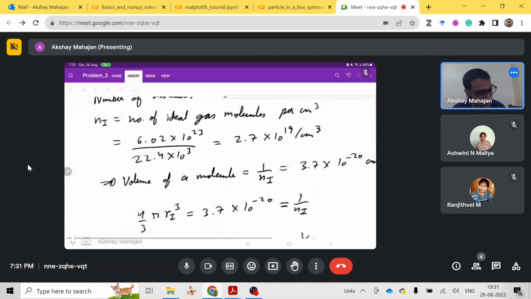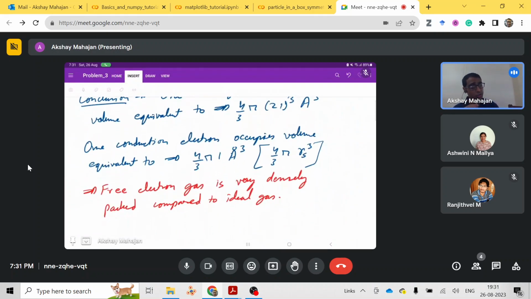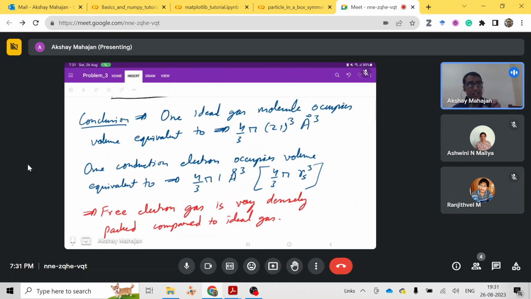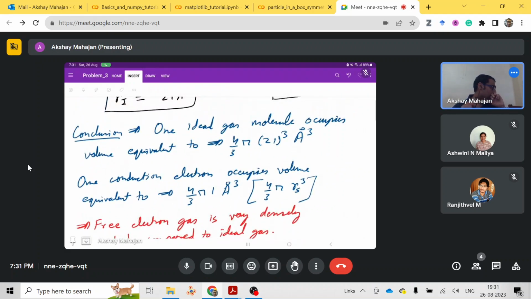So here we can see that the volume being occupied by these conduction electrons is very small compared to what will be occupied by an ideal gas of atoms, because they don't form molecules, so you can say they are atoms.